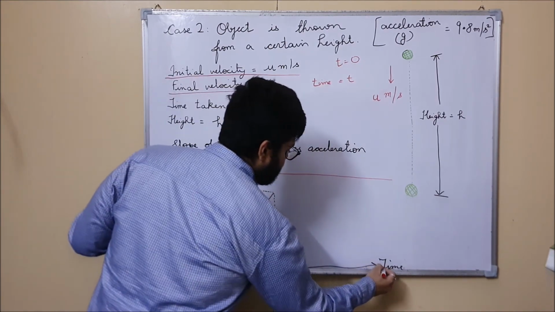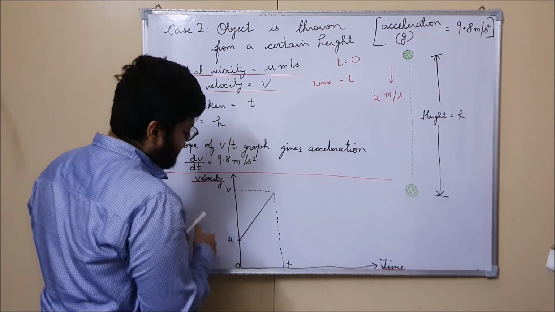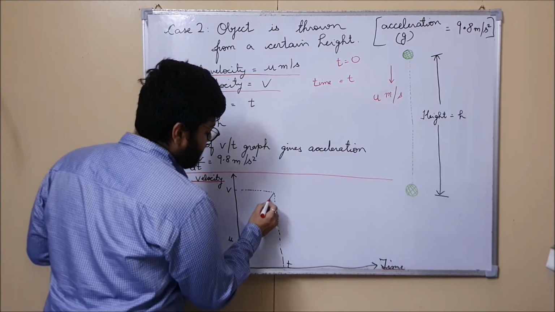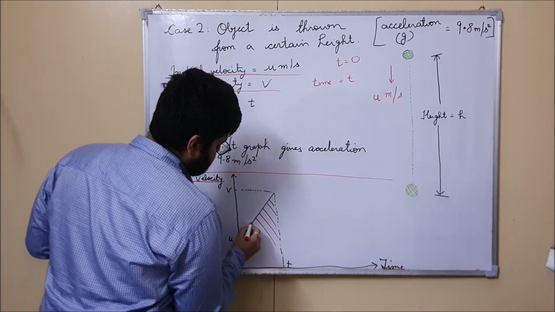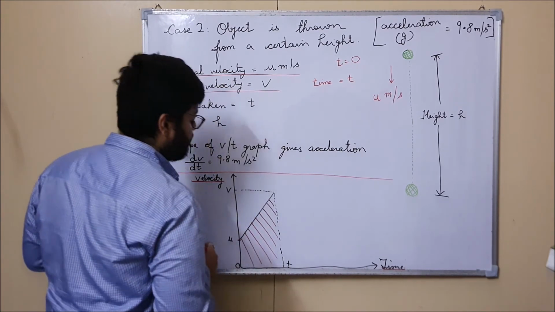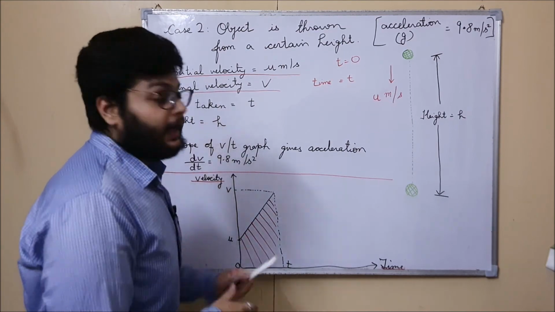This is velocity, this is time, and if I ask you what the area under this velocity time graph will be, this shaded area will tell you about the height.